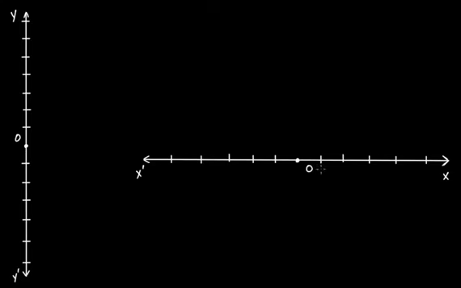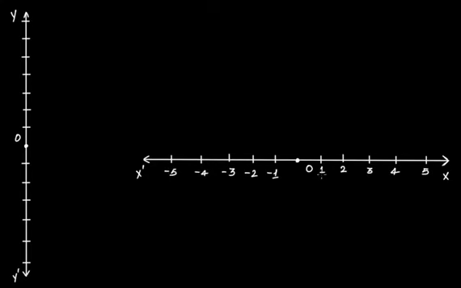This is 0, that is the origin. This is 1, 2, 3, 4, 5, and so on. This is -1, -2, -3, -4, -5, and so on. This number line we have studied in grade 6, grade 7, and grade 8 mathematics.